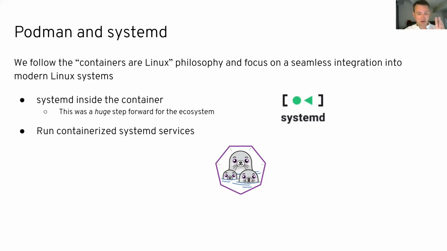If you do a DNF install httpd, well, these packages have required systemd for many years now. So for us as a vendor, this was perfect, because users really don't need to worry about whether they are running their workload in a container. Otherwise, they'd Google for a custom startup script that they copy from Stack Overflow.